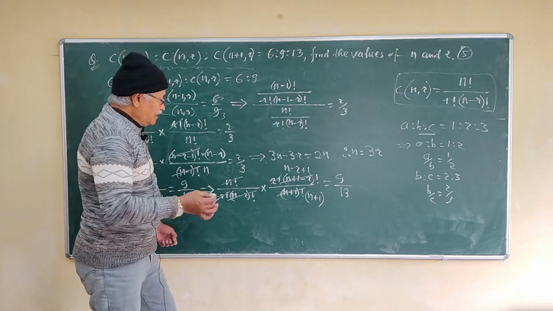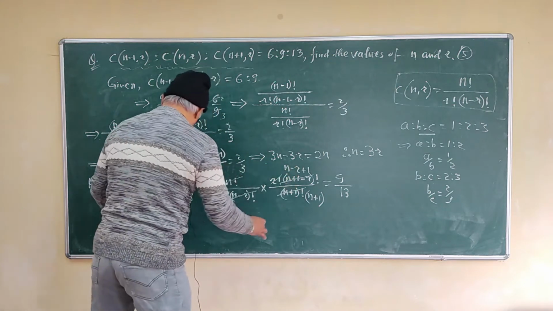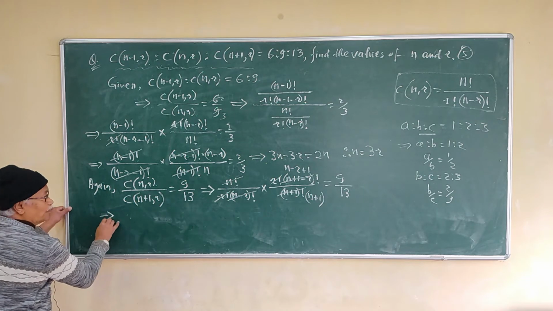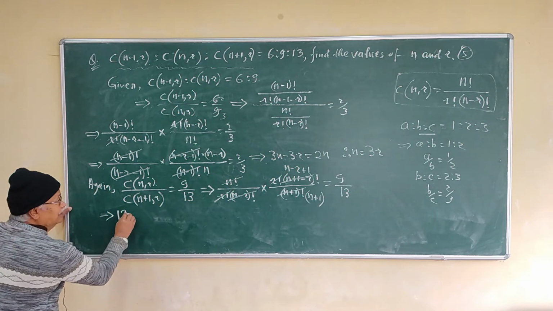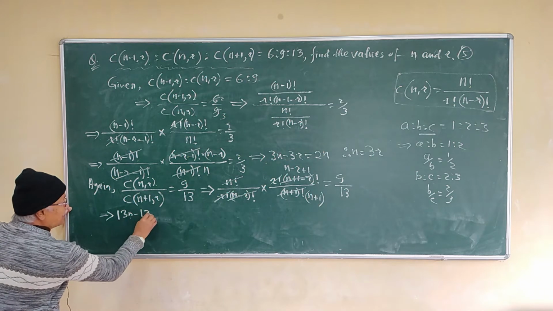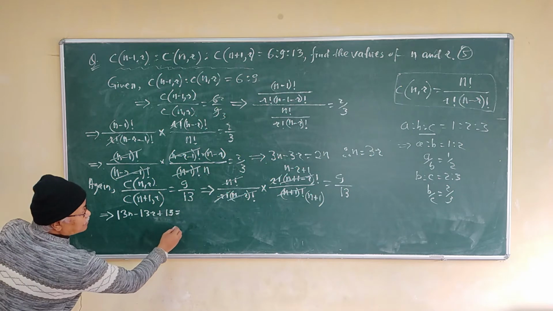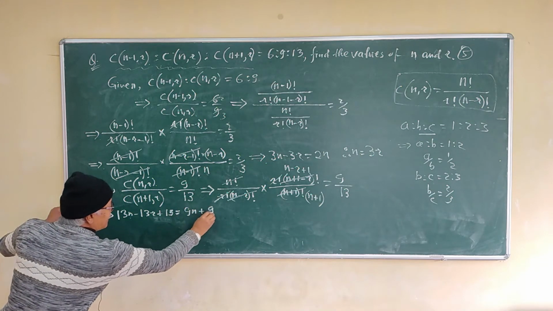So you can say from there, what can you refer to? I hope no difficulty, 13n minus 13r plus 13 is equal to 9n plus 9.